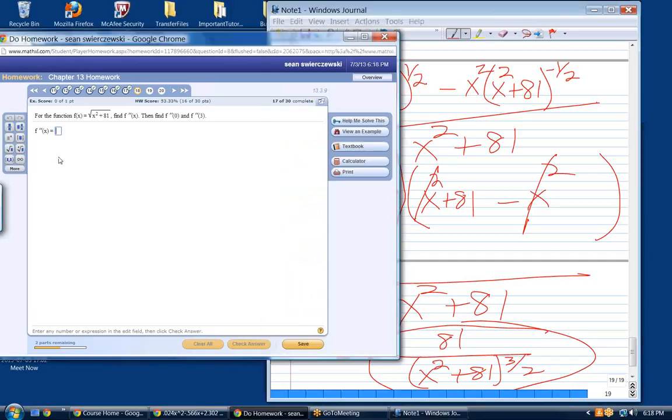Let's go with that. So I guess I want to type it 81 divided by parentheses x squared plus 81 all raised to the 3/2 power.